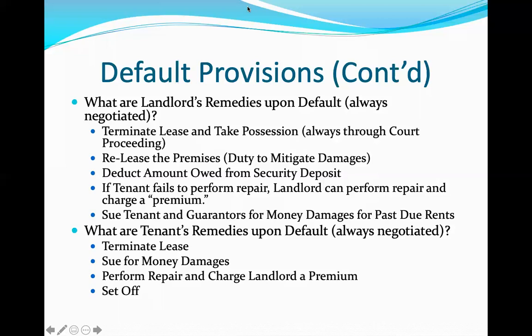I would have them file a separate action, generally in the county court or a lower level court like the housing court or the municipal court, to seek possession of the commercial space, and then sue the non-performing tenant for money damages in the civil court. That's just a strategy that I have, and again, not always one size fits all in that scenario.